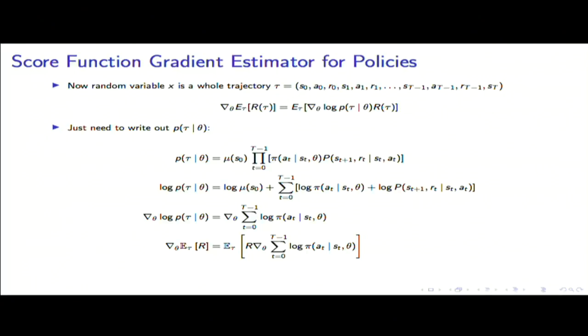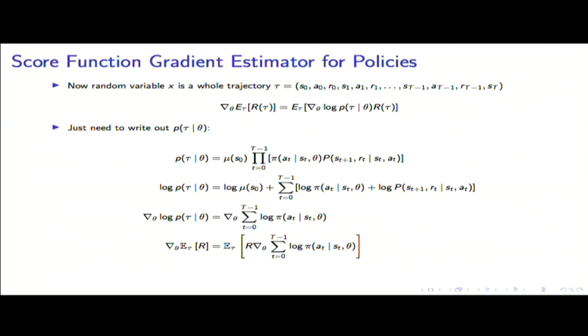So now we take the gradient with respect to the policy parameter theta, and the magic thing that happens here is all of the terms that we don't know drop out. Basically the only function that we really know in this big product of probabilities is the policy probabilities, because we define the policy ourselves.